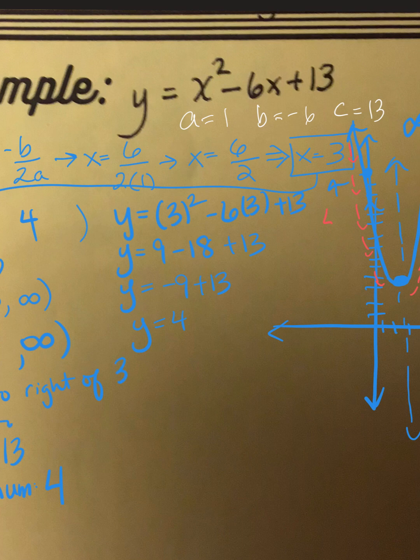So it's decreasing to the left of 3. Follow your arrows. Decreasing, going down, going back up, decreasing, increasing. And I believe that's all the information we need for standard form. Now let's go do vertex form.